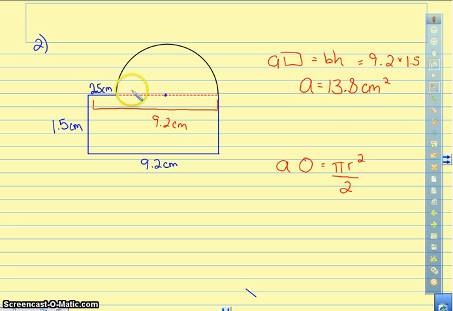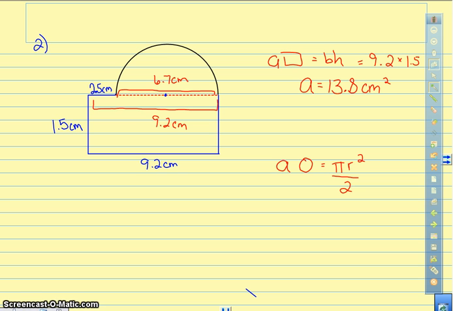If I take 9.2 and subtract 2.5 from it, that will give me this length. Since it goes all the way across the circle and through the center, it would be the diameter of the circle. So 9.2 minus 2.5 is 6.7 centimeters.